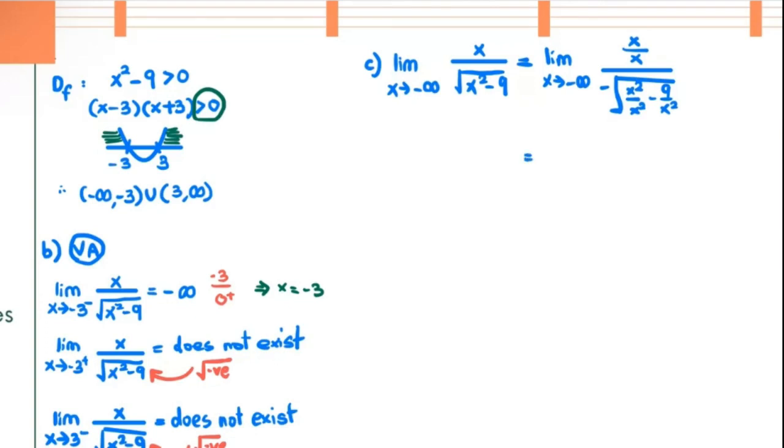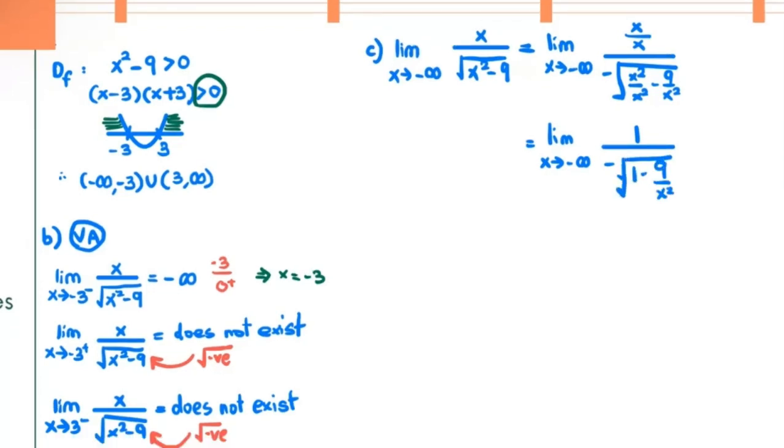Therefore, here we are going to get limit as x approaching negative infinity of 1 divided by negative of square root of 1 minus 9 over x squared. And then anything constant over infinity, kita akan dapat apa? Kosong. So here will be 0. So therefore, the value of our limit here will be 1 divided by negative square root of 1. So kita dapat negative 1.